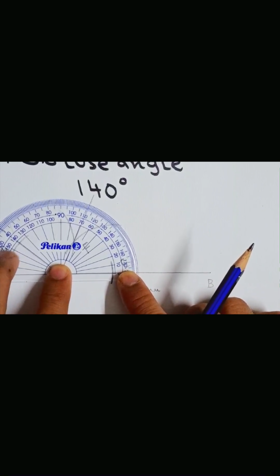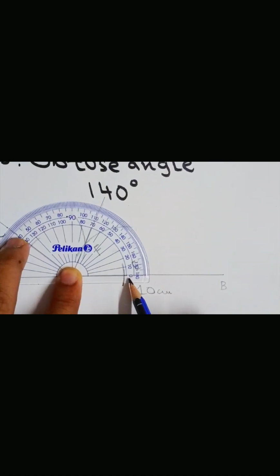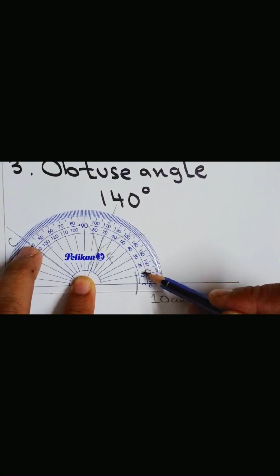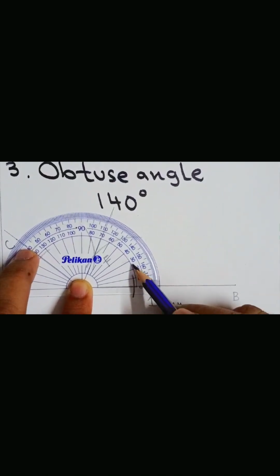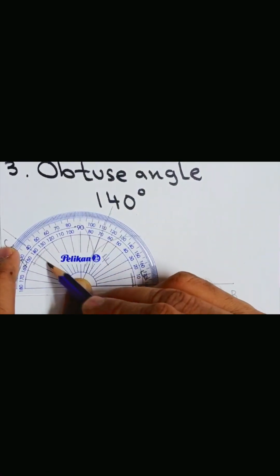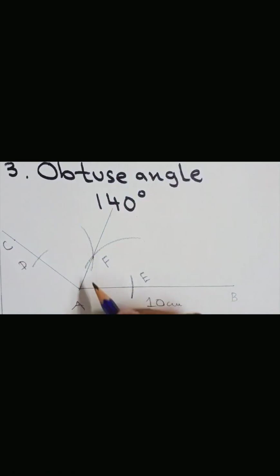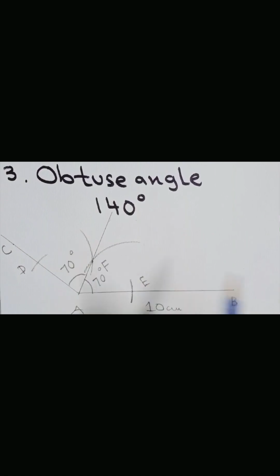Again I am telling you, we have to read from the inner scale, because we are taking this baseline or line segment. So 0, 10, 20, 30, 40, 50, 60, 70 degrees, and have a look, the other is also 140 degrees. It means this angle is now 70 degrees and this angle is also 70 degrees.